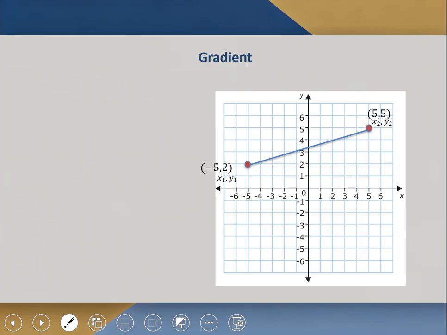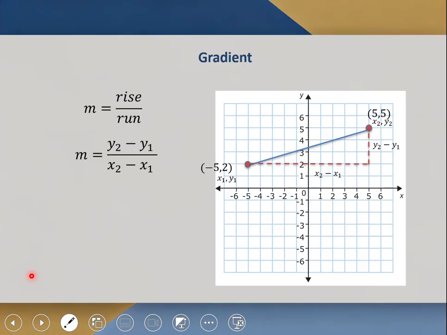The next rule that we're going to briefly go over is our gradient. We know our gradient is rise over run. So our rise is y2 minus y1, and our run is x2 minus x1.